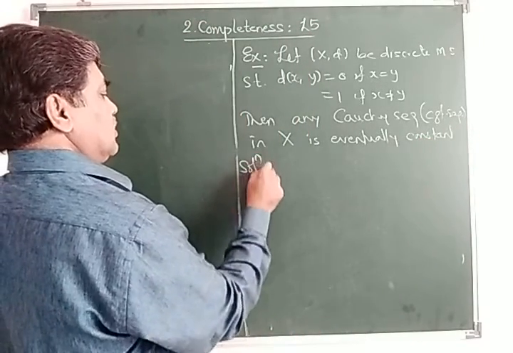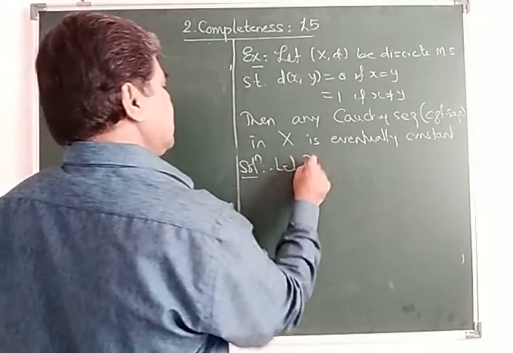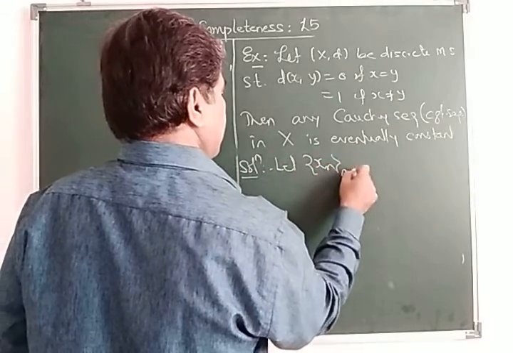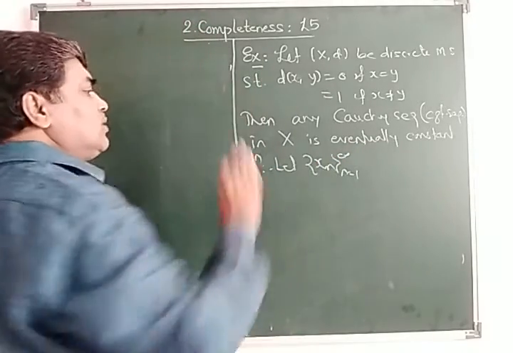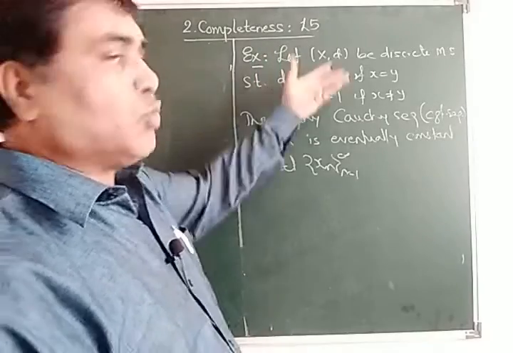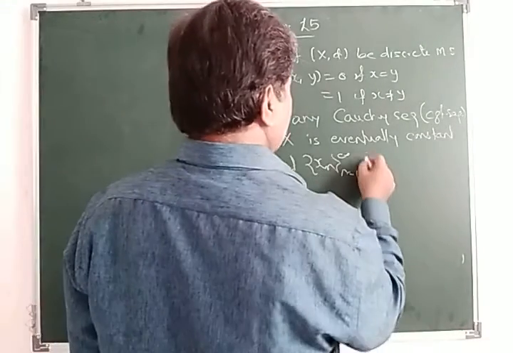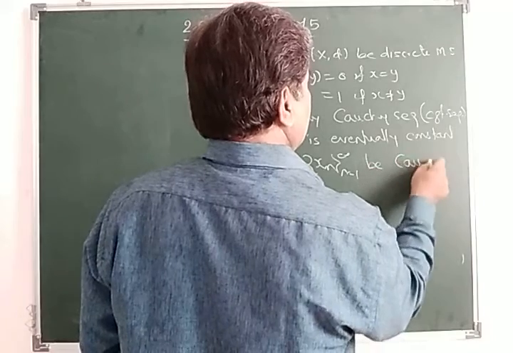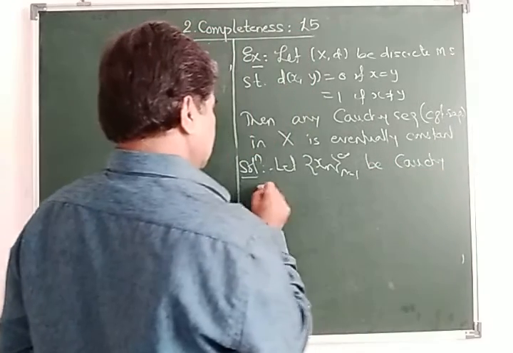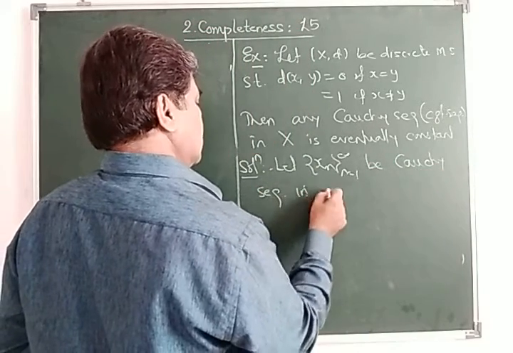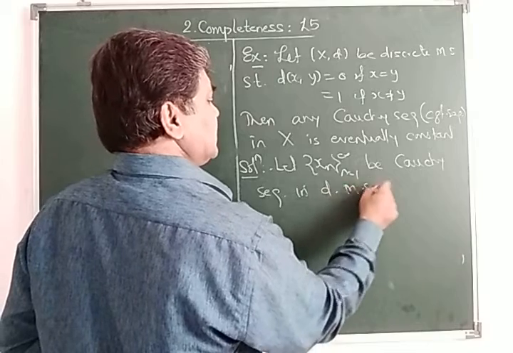Solution. Every eventually constant sequence is convergent or Cauchy, no problem. Let xn be a Cauchy sequence in discrete metric space (X, d).